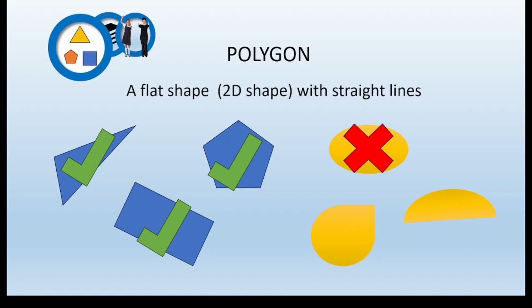Well, the first one definitely not, and in fact the second one isn't. There might be a bit of a straight line in there, but they've got curves, and that sort of helps us with this third and final yellow shape because it's got a straight line but it's got a curve, so it's not a polygon.